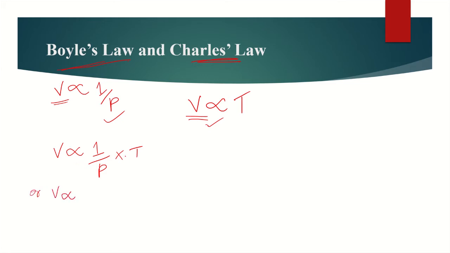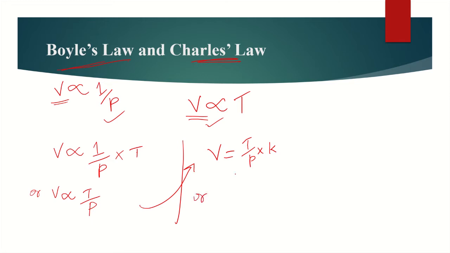Volume is proportional to T into 1 by P, that is T divided by P. Now let us remove the proportional sign by multiplying the right hand side with a constant K. So we will get V is equal to T by P times K, and the K here is our proportionality constant.